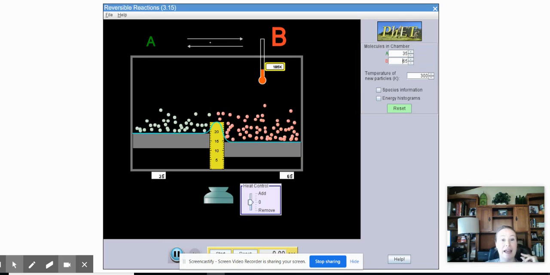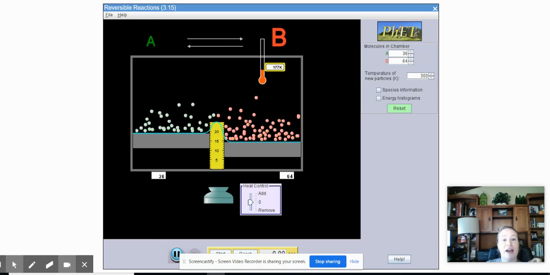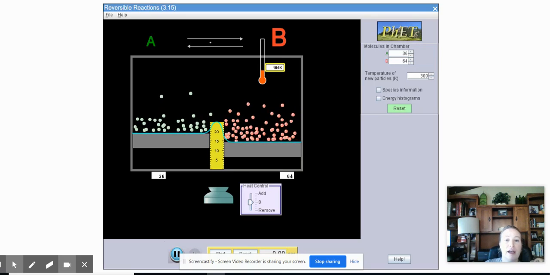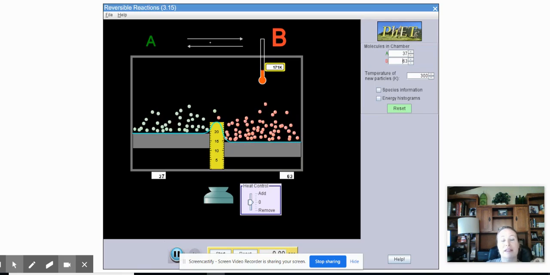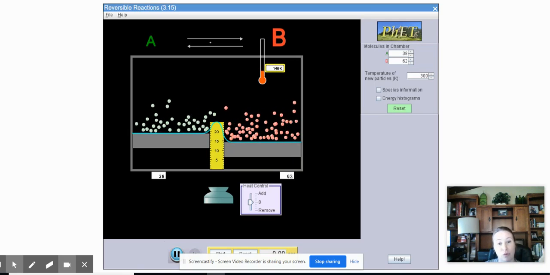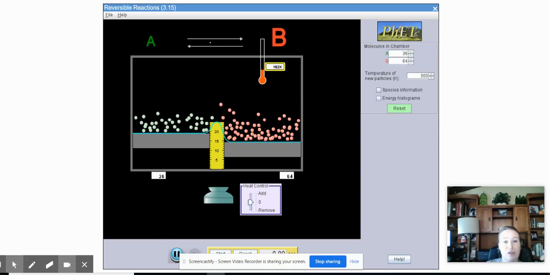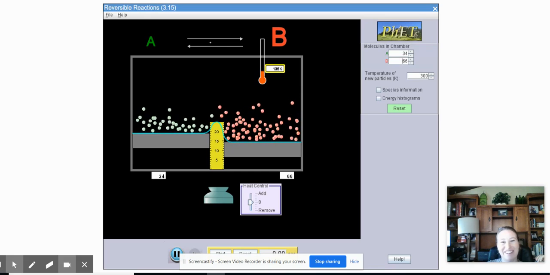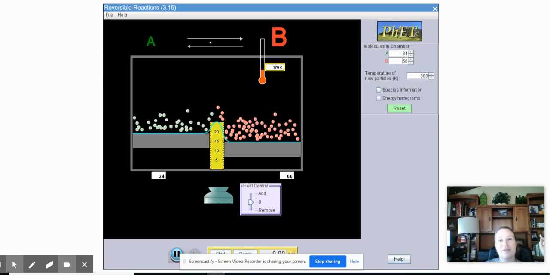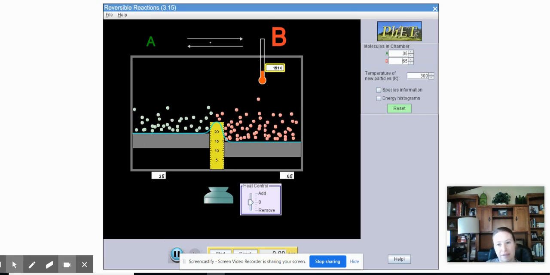That added A is going to react faster and make B, whereas the B is still going to have the rate that it had before we added. So the rate that A turns into B would be greater than the rate of B turning into A. That's why we say it shifts to the right.